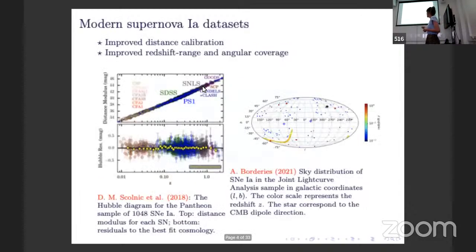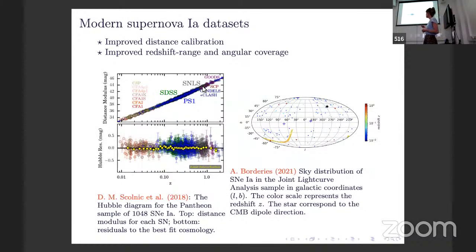And today we are in a better situation when it comes to cosmological data. We have large catalogs of, for instance, supernova of type 1a for determining distances. These supernova span a wide range of distances, and we also have a fair sky coverage, at least for certain subsamples within the largest supernova compilations.